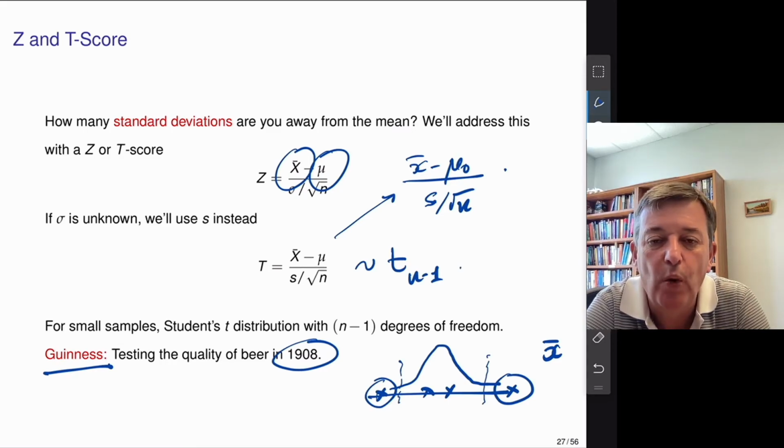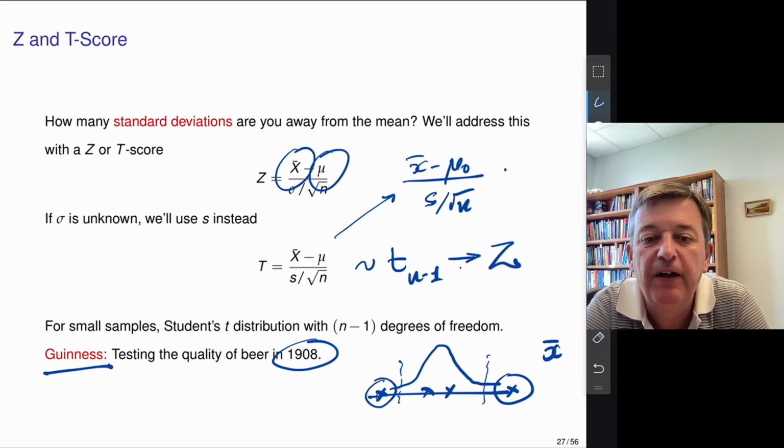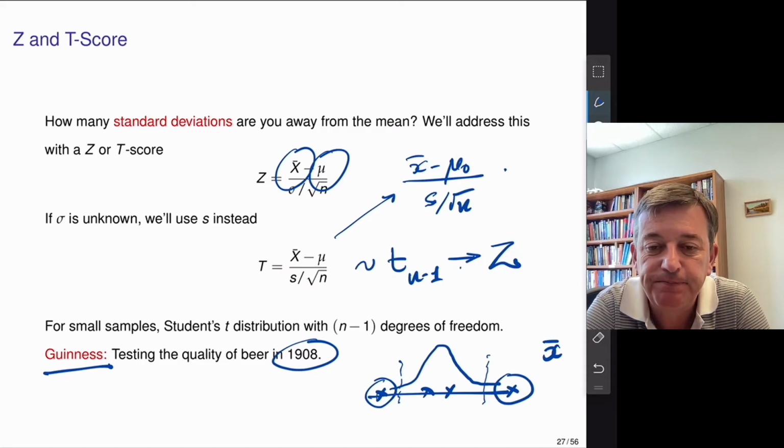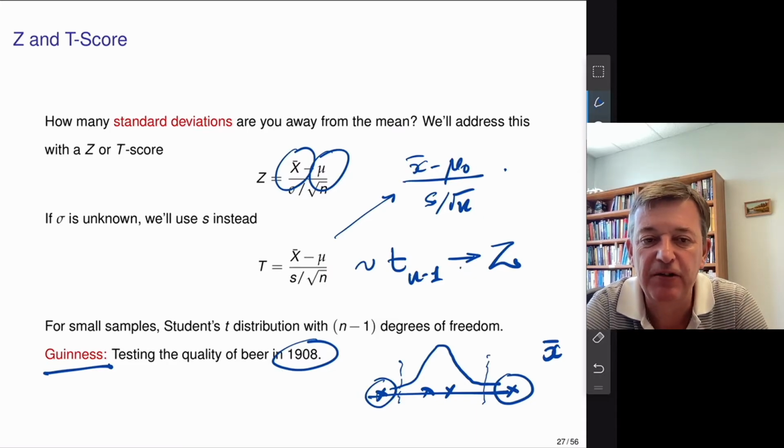You get a slightly wider interval if I have smaller sample sizes. And one nice thing about the theory is that as n goes off to infinity, the t-distribution ends up as a standard normal. So if n's bigger than about 30, you won't see any difference. Okay, so a very fun old story. The t-distribution was invented because somebody was testing the quality of Guinness beer in Dublin.